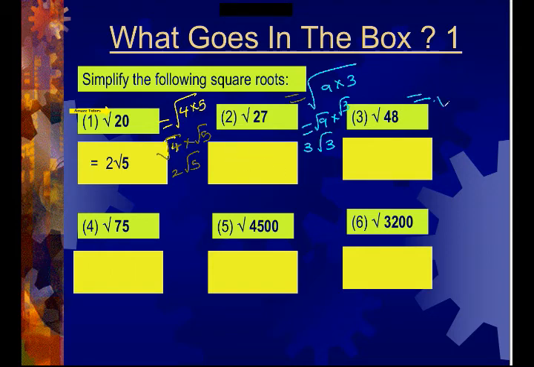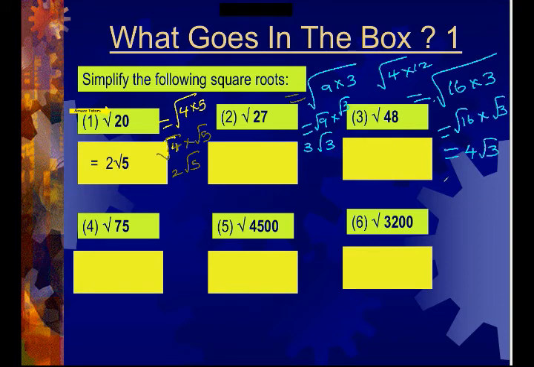Now 48, 16 and 3. If you are not getting this directly, go for 4, 4 and 12 and then keep splitting. Now square root of 16 times square root of 3, 4 root 3, that goes inside the box. That's the answer for question number 3, square root of 48.